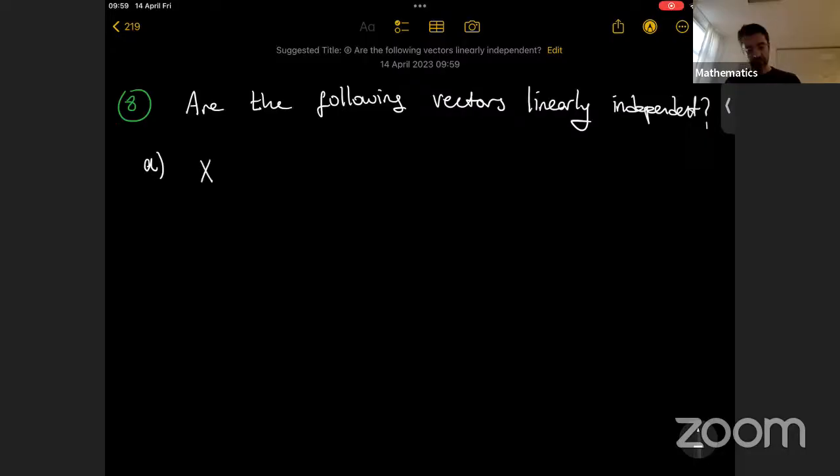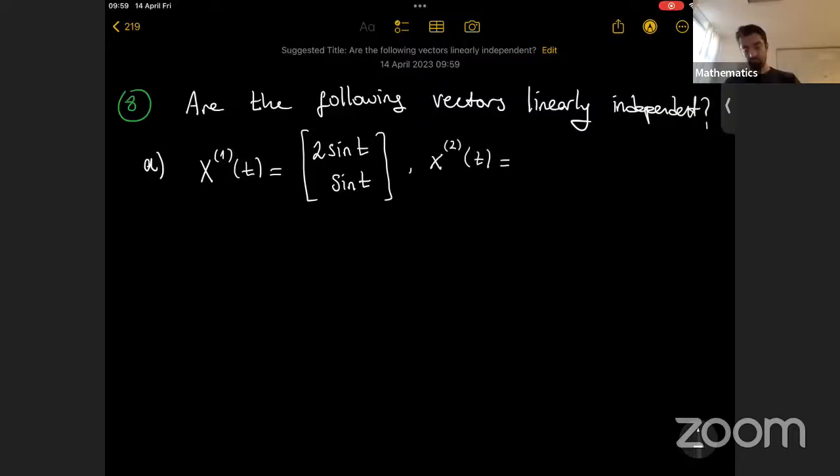So we have vector functions x1(t), which is 2 sine t, and x2(t), sine t, 2 sine t.